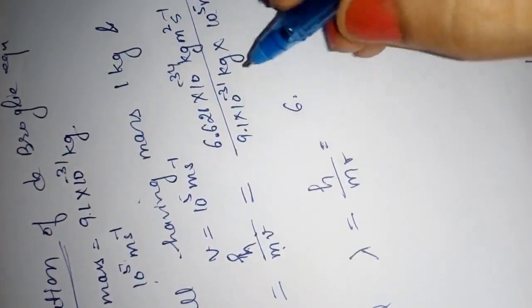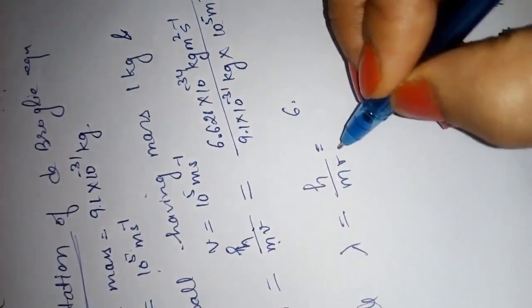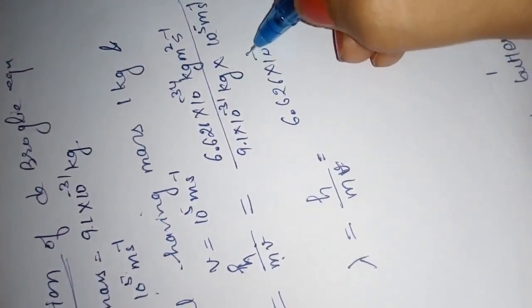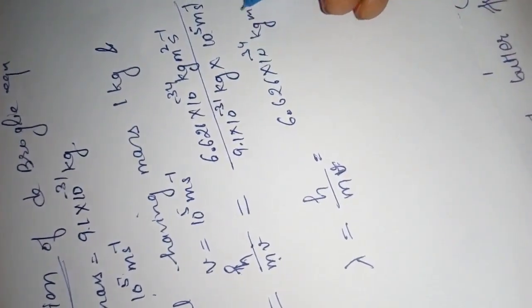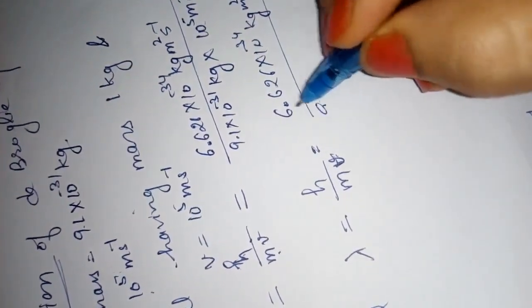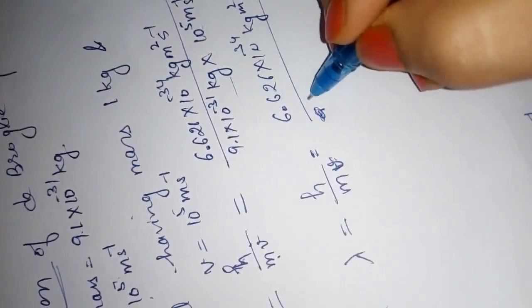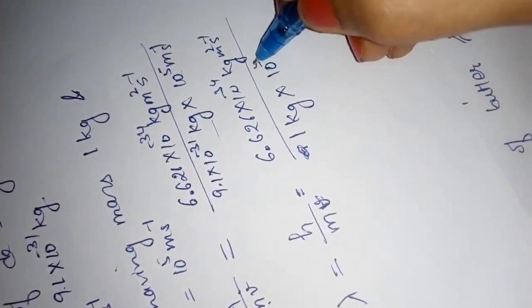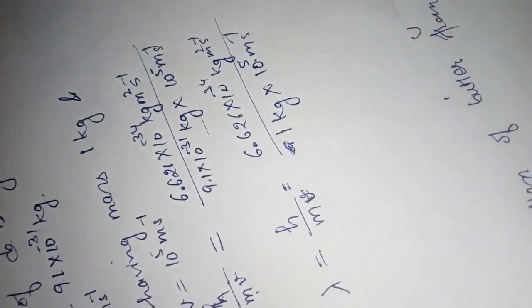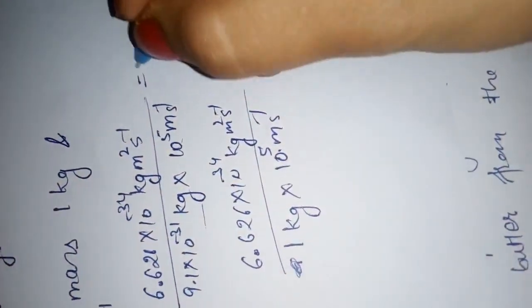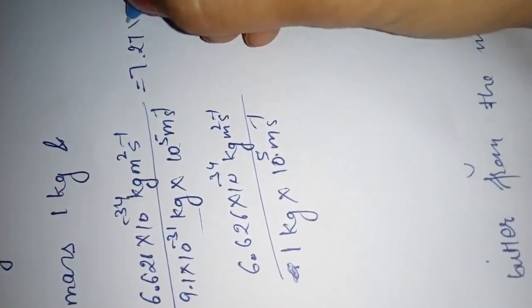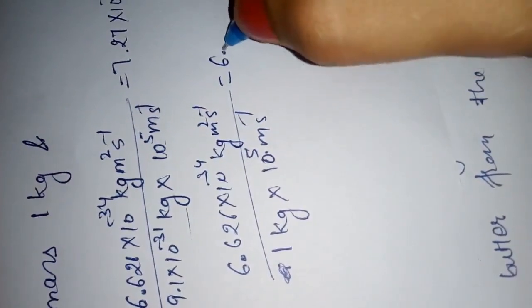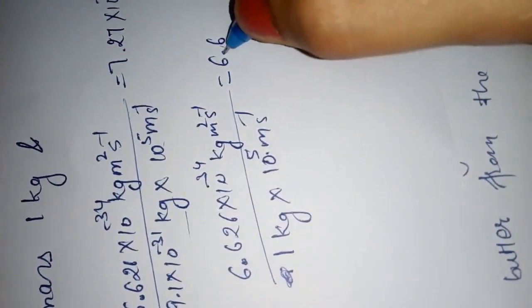Similarly for the ball, 6.626 into 10 raised to power minus 34 kg meter square per second, divided by the mass of ball, 1 kg, into the same velocity 10 raised to power 5 meter per second. This value will come 7.27 into 10 raised to power minus 9 meter, and this value will come 6.6 something into 10 raised to power minus 38 meter.